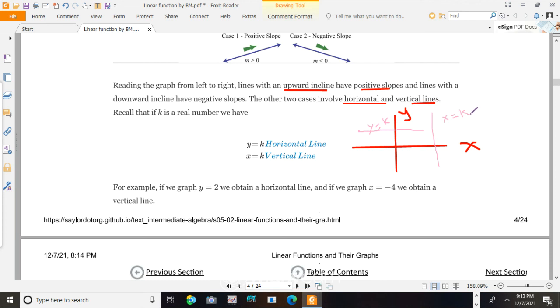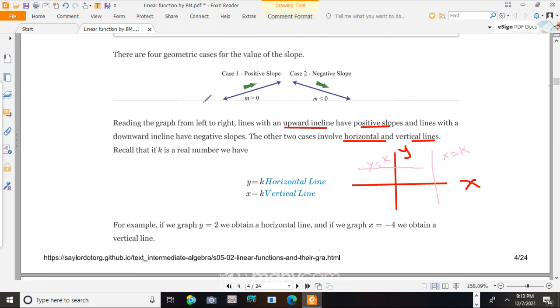So we have seen four possibilities. The first is an upward inclined line, positive, and the downward inclined line is for the negative slope.